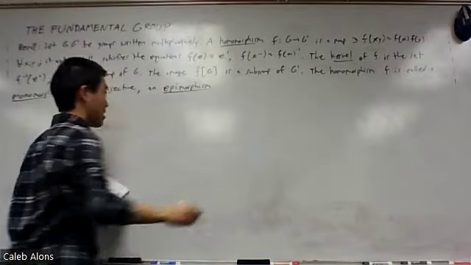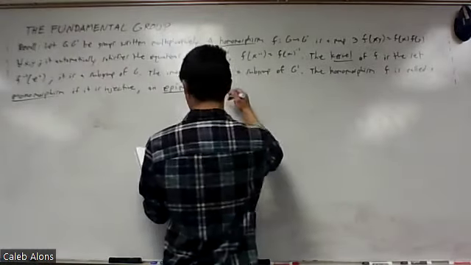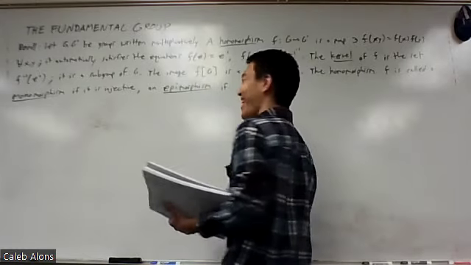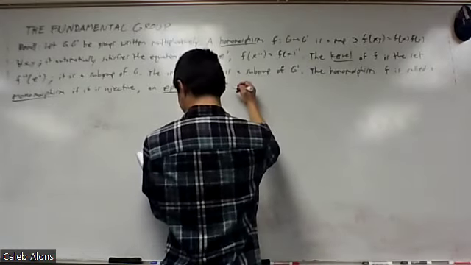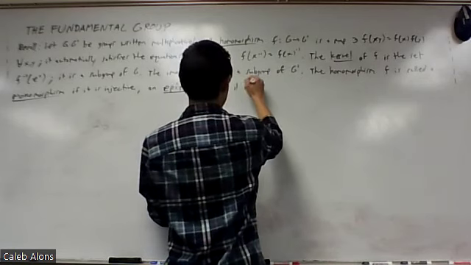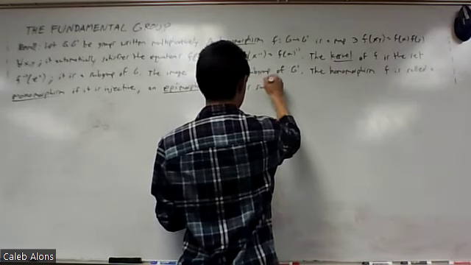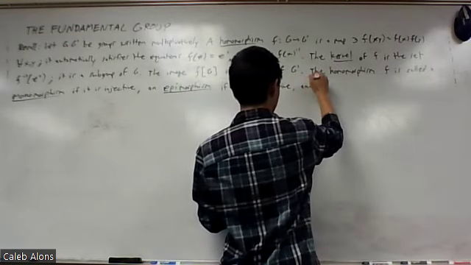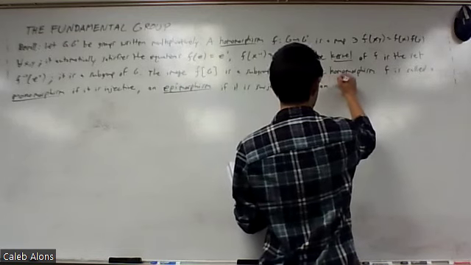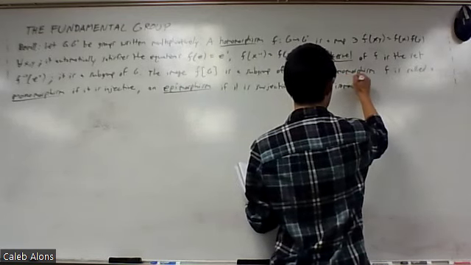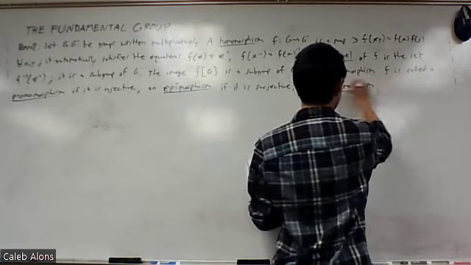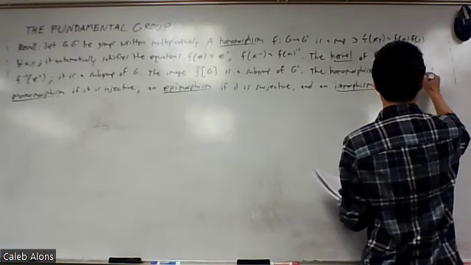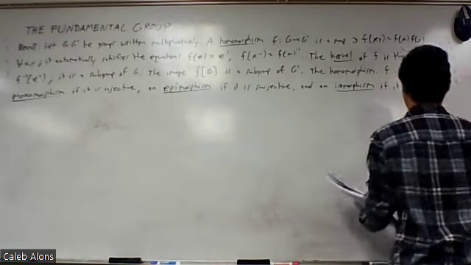Epi is the preposition like on, upon, like epidermis. So they went French for surjection, and then Greek for epimorphism, if it is surjective. And of course, the highlight when you're in algebra is isomorphism, if it is bijective.